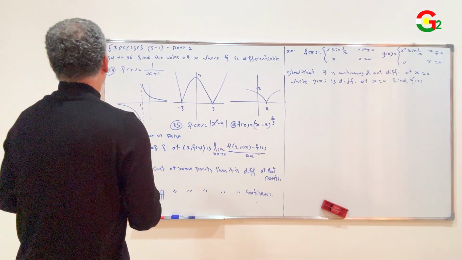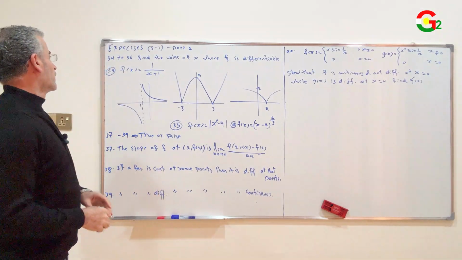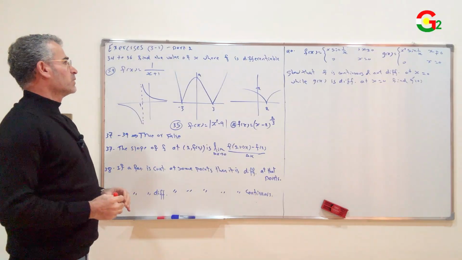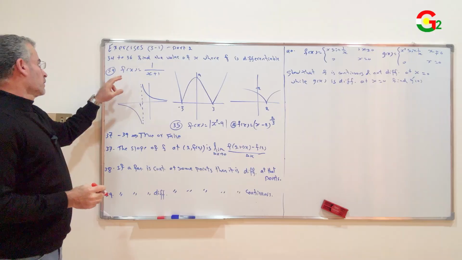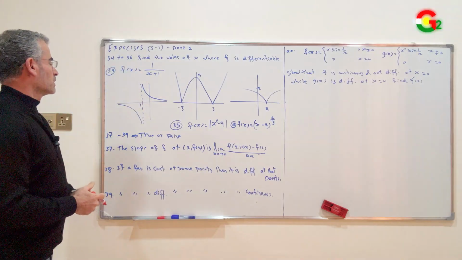Question number 34 to 36, find the values of x where f is differentiable. 34, f of x equal 1 over x plus 1.